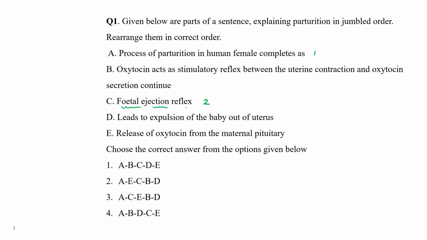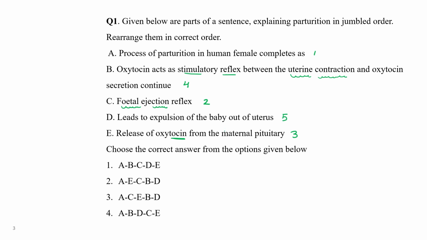As this reflex occurs, there is a release of oxytocin hormone from the maternal pituitary, and as this hormone is released, it acts as a stimulatory reflex between uterine contraction and oxytocin secretion continues. This comes at the fourth position, and as this contraction occurs, expulsion of the baby out of the uterus occurs, right? So this is the last step.